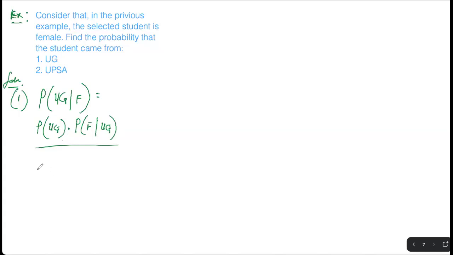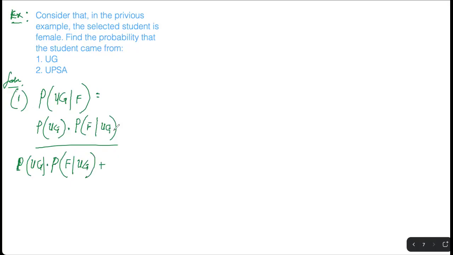So we're going to take the probability of UG multiplying the probability of F given UG, plus, then we interchange.